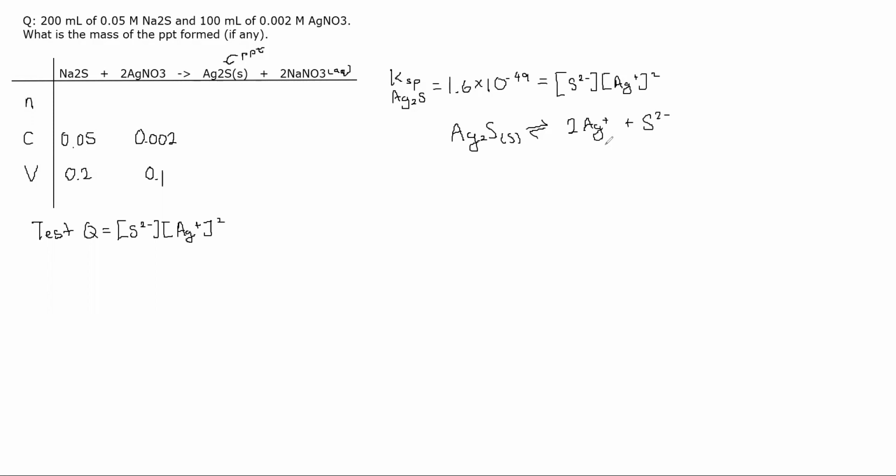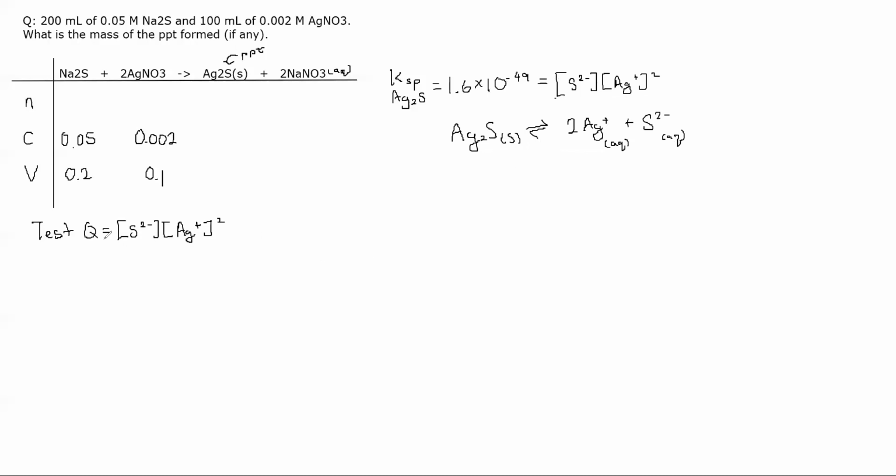That would be aqueous, and that would be aqueous. So you see that this product is a numerator, and it will be a denominator of 1, simply because we do not put a concentration for a solid.